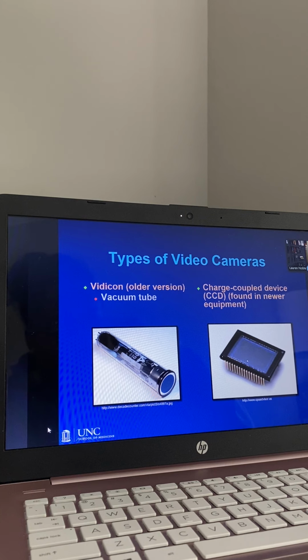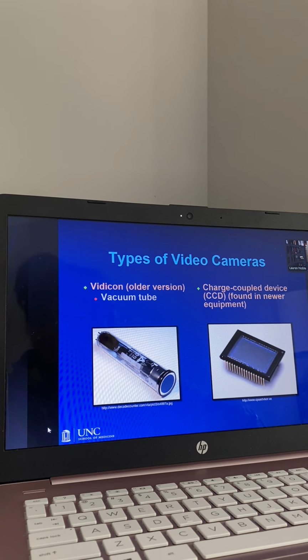Our unit downstairs, even though our fluoro unit is an older unit manufactured back in the 1990s, has a CCD. So the light from that output phosphor will be sent through either lenses or fiber optics to that CCD, and when the light hits the CCD, the CCD will convert it to electrons. The CCD will last a lot longer than this vacuum tube, so that's why newer units will have CCDs in them.